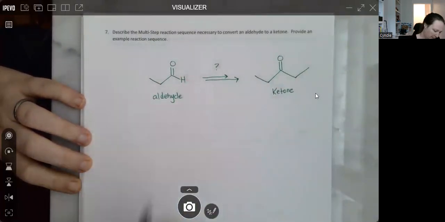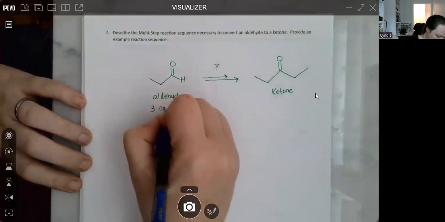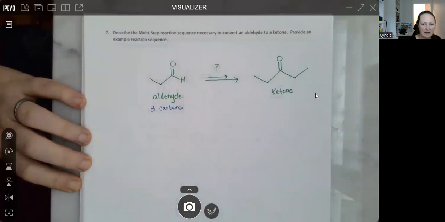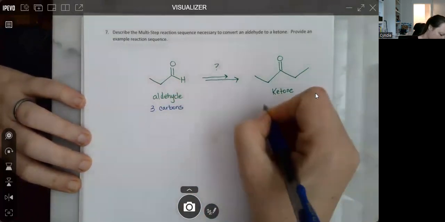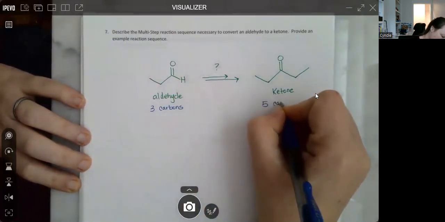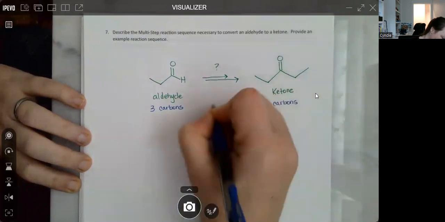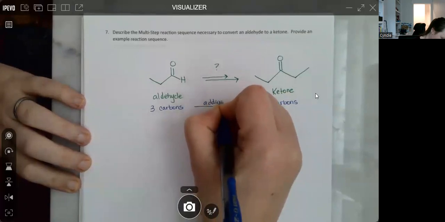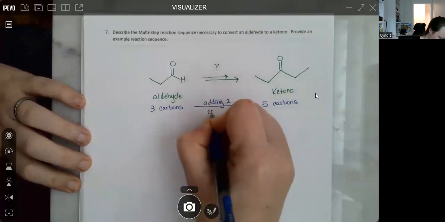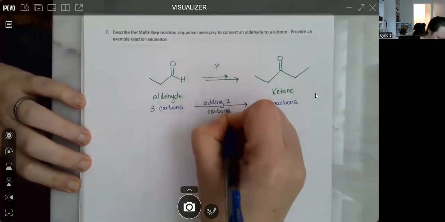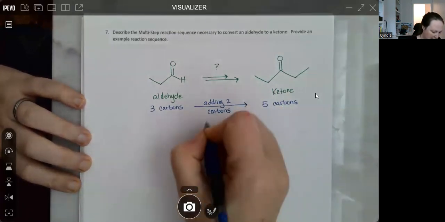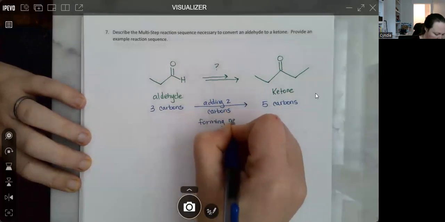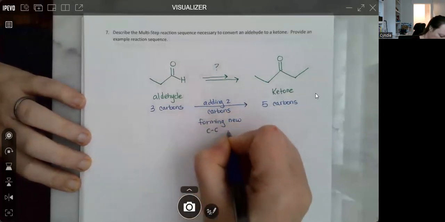It's always good to count your carbons in the starting material and the product. So we know that we are going to be adding 2 carbons, right? So we're forming then a new carbon-carbon bond.